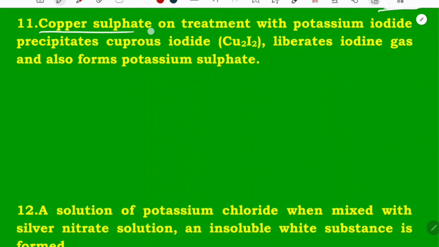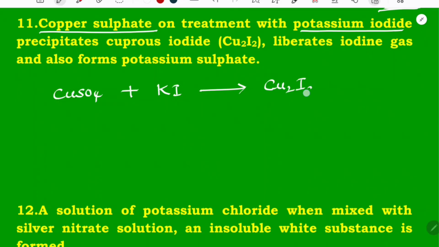Copper sulfate. Already we know copper sulfate means what? CuSO4. Copper sulfate on treatment with potassium iodide, KI, forms cuprous iodide, Cu2I2.